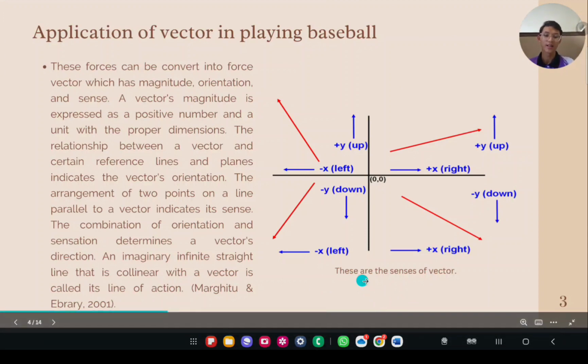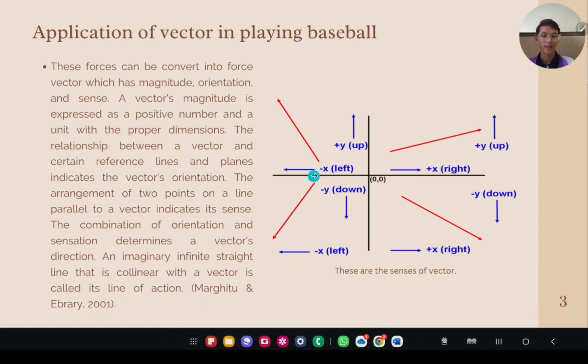So this is the sense of a vector, which is, if the vector of one force goes upward, so its y-axis is up, that means the vector of the force is positive.